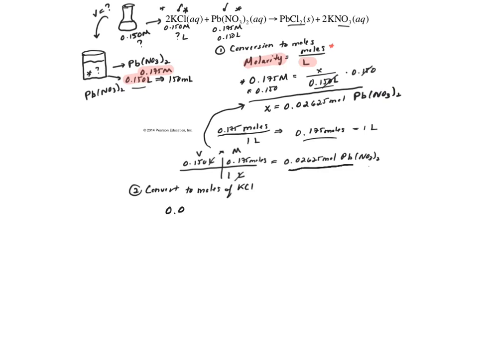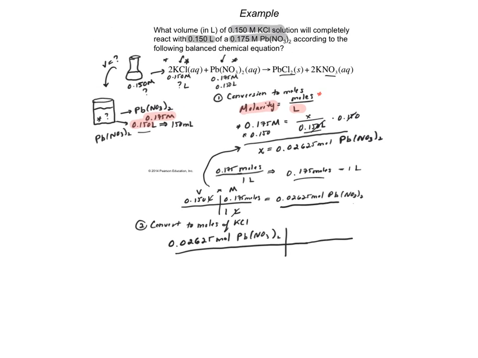So 0.02625 moles of PbNO3. Now we're going to utilize those numbers in the balanced chemical equation, right? So we go back up here. For every 1 of these guys, we need 2 of these guys, right? We're trying to convert to moles of KCl, and we're coming from moles of PbNO3.